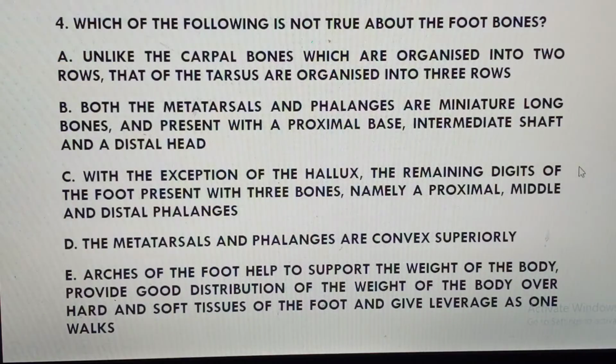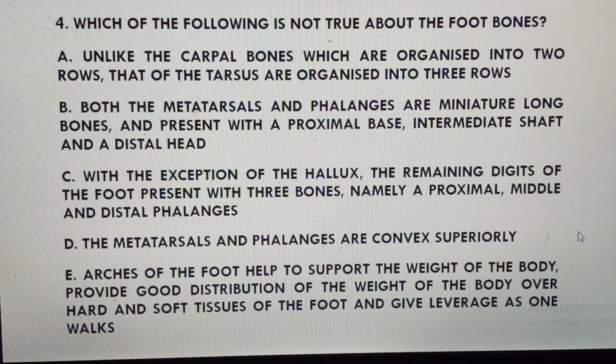Now, option D says the metatarsals and phalanges are convex superiorly. Yes, if you look at the shape, that's how the bones are curved. And if you take a superior view, they are convex. That's a very true statement. And option E says arches of the foot help to support the weight of the body, provide good distribution of the weight of the body over hard and soft tissues of the foot, and give leverage as one walks.